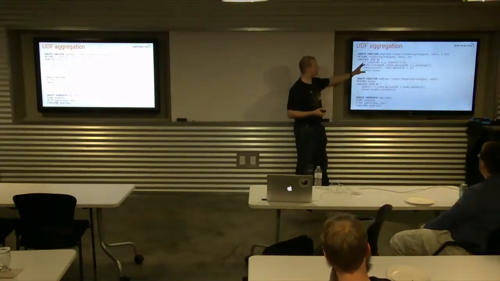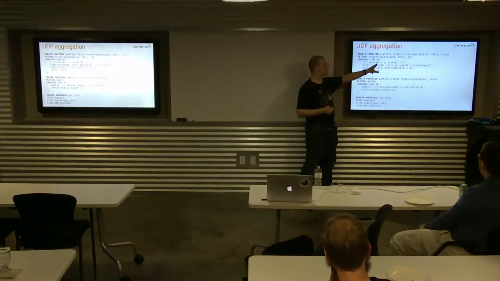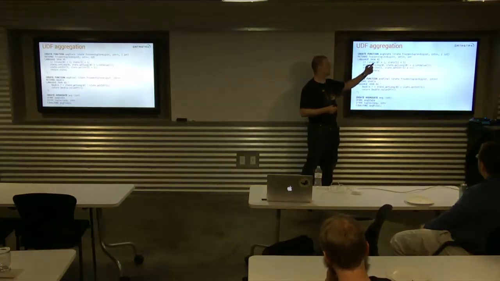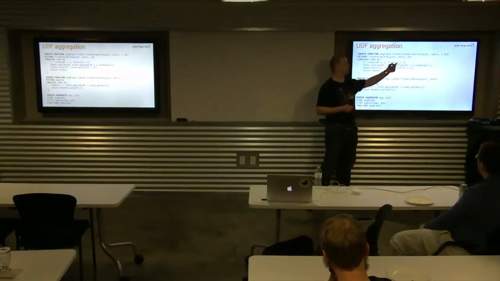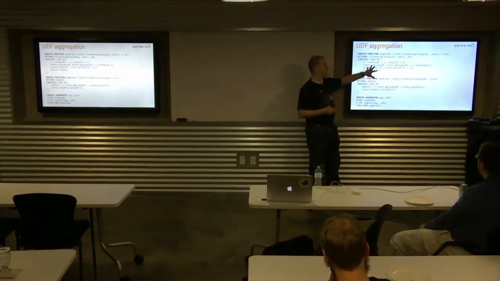Conceptually, I've got this tuple, and I'm taking the part of the tuple that holds the sum and adding the value into it, and the part of the tuple that holds the count and adding 1 to it, and that's what's going on here.